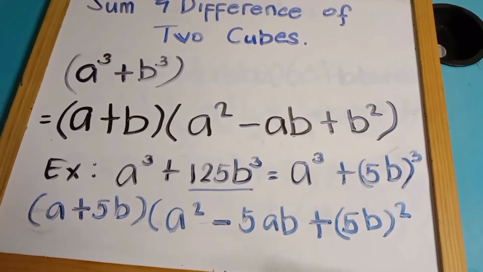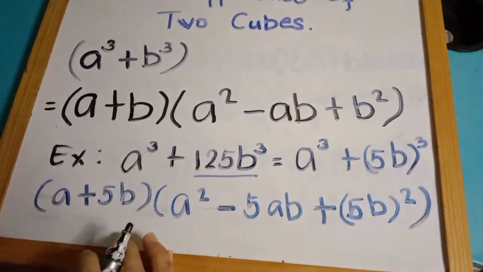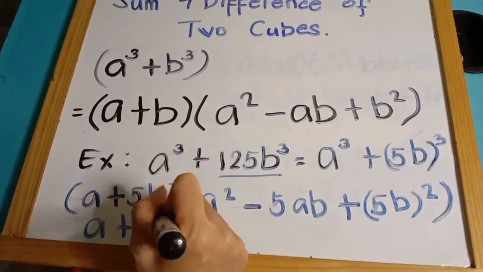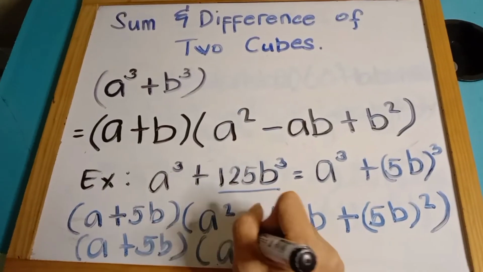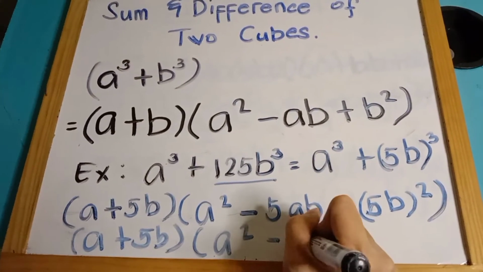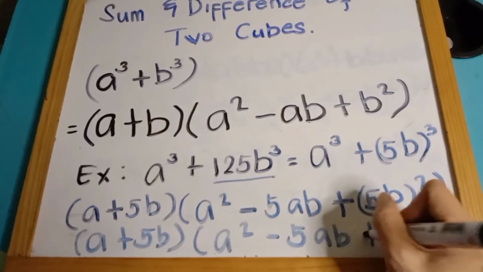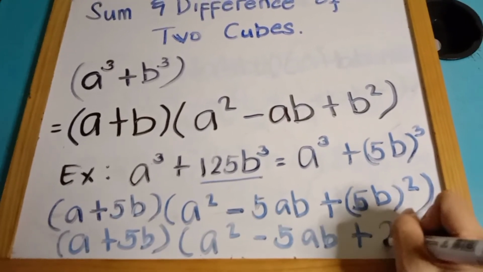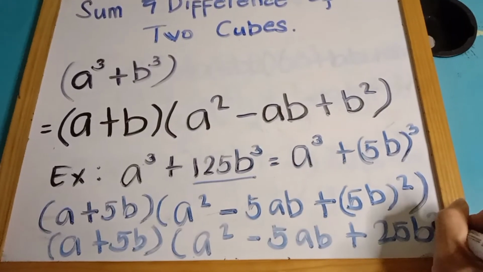So, to simplify our answer, let's just rewrite. a plus 5b times a squared minus 5ab plus squared ng 5 is 25 and then squared ng b squared.